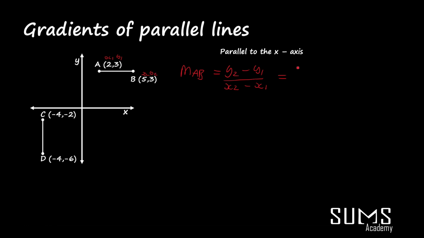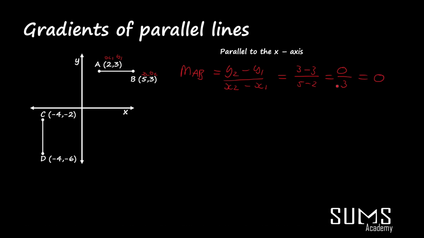Here it's 3 minus 3 from our y, and then that's 5 minus 2 for x. So 3 minus 3 is just 0, and 5 minus 2 is just 3, but 0 divided by 3 is just 0.